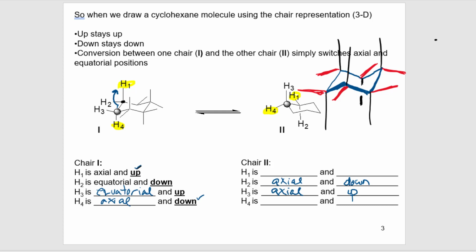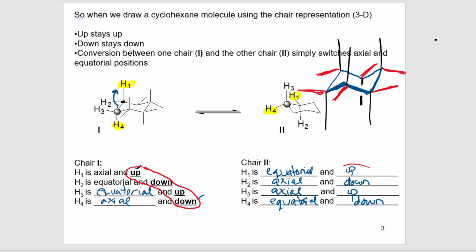Therefore, H1 must be equatorial and up. Because if H2 on the same carbon is axial and down, then H1 must be equatorial and up. If H3 on the same carbon with H4 is axial up, then H4 must be equatorial and down.